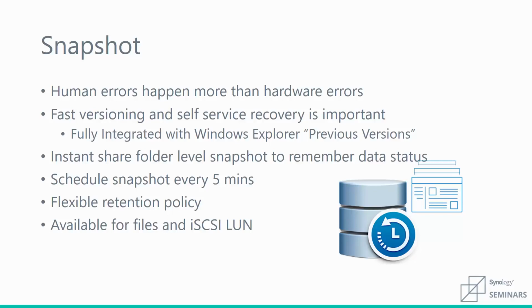You're also able to schedule snapshots to happen up to every 5 minutes. And coupled with that, you need a flexible retention policy to make sure that you're only saving the snapshots that you want to save. Snapshotting is available either on files or the iSCSI LUN level. And we're actually going to jump into another demo here and show you how it works.